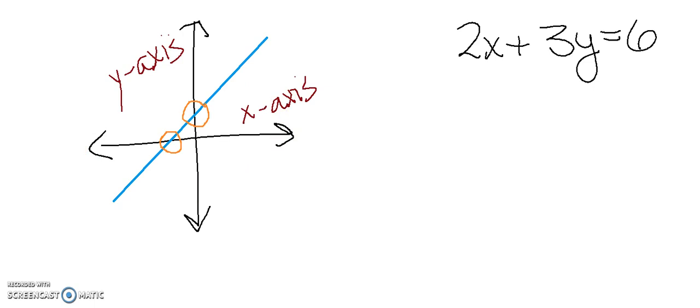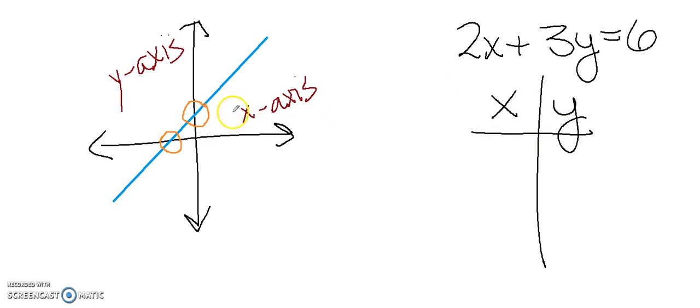So one thing that's fortunate for us is that on a y-intercept, you're talking about the place where x is equal to 0. And on an x-intercept, you're talking about the place where y is equal to 0. And these zeros make it actually pretty easy to graph an equation in this format.